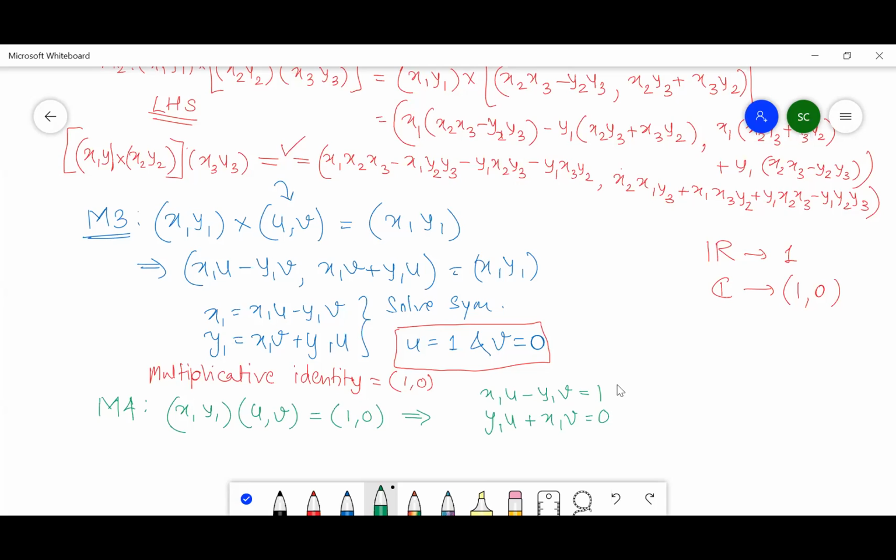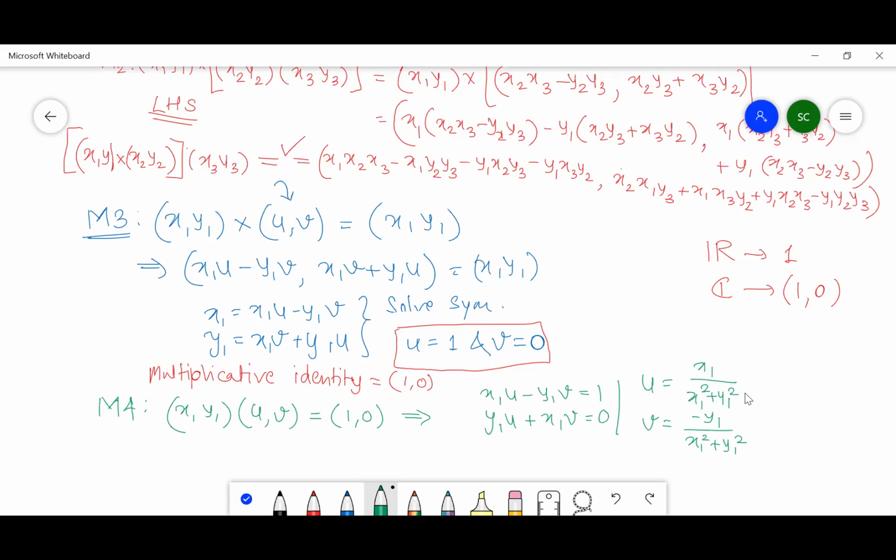Now, if you solve them simultaneously, you will get u is equal to x1 upon x1 square plus y1 square, and v is equal to minus y1 upon x1 square plus y1 square. So M4. Sir, but for that we need the definition of inverse.